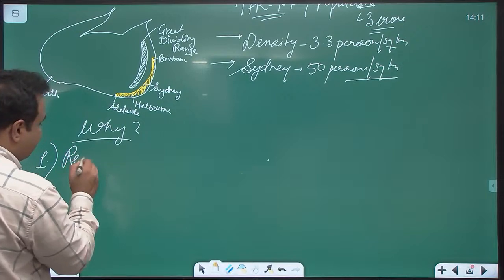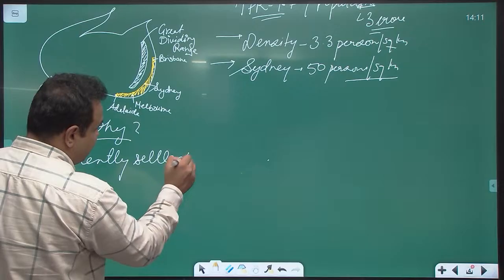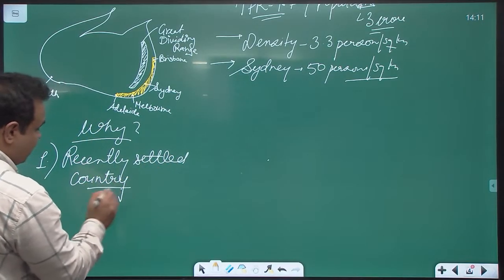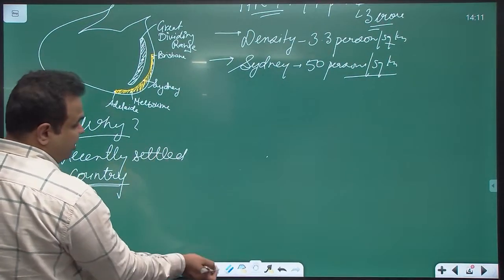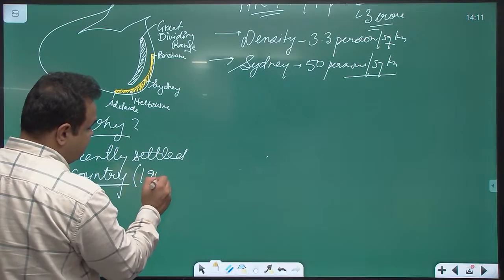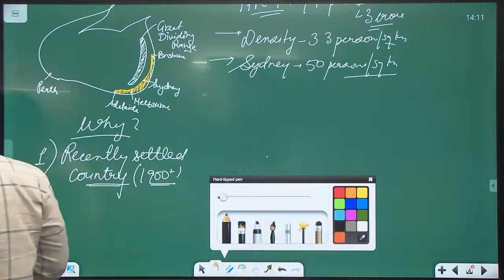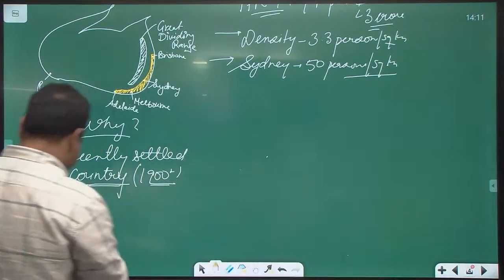Recently settled country. ठीक है, 1900s में ही जब English people came here, then they realized that there is a piece of land that can be used for settlements.